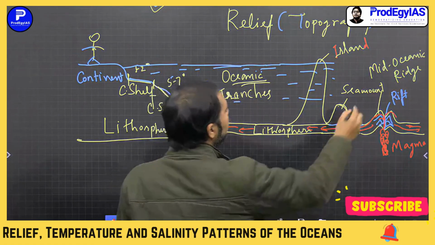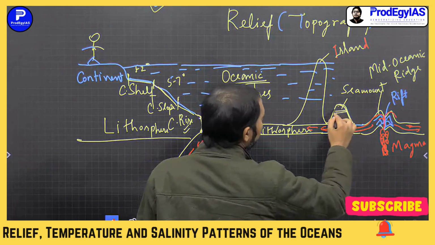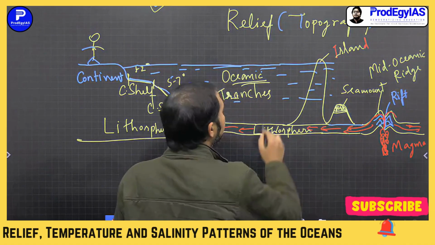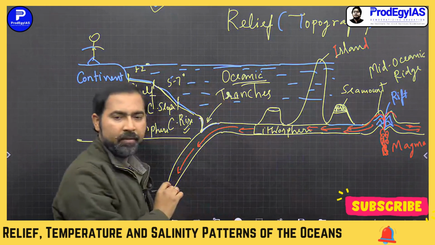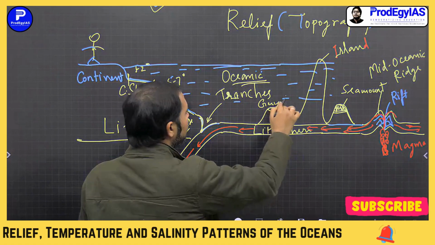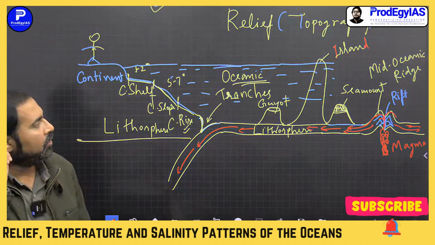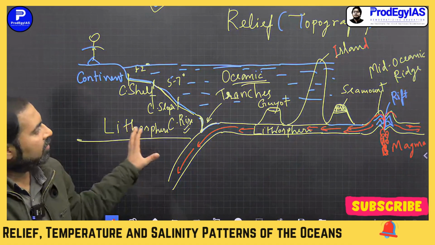And when any sea mount is eroded away, meaning its upper part is eroded away, it will be like this tabulated form. This is known as a guyot, right? So such are the features of your oceanic floor areas.